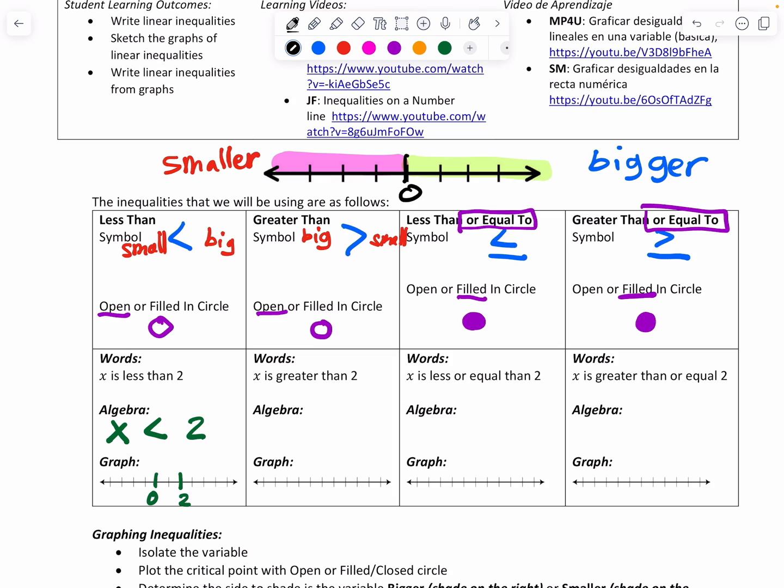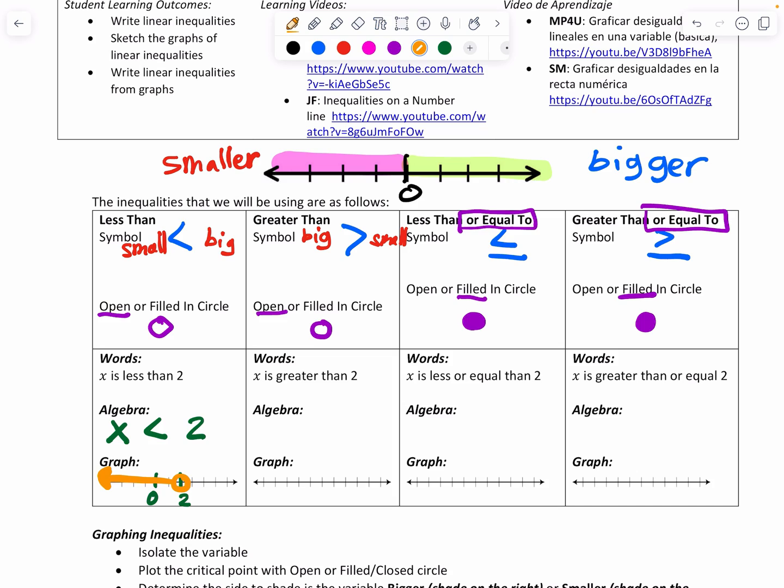I would put an open circle on the 2, not filled in because it was just less than. And then everything smaller than 2 would be everything to the left. So I'm going to draw an arrow. This would include all of these numbers that are smaller than 2, everything up to 2. All x values less than 2 would be this left side of my number line until we reach 2.